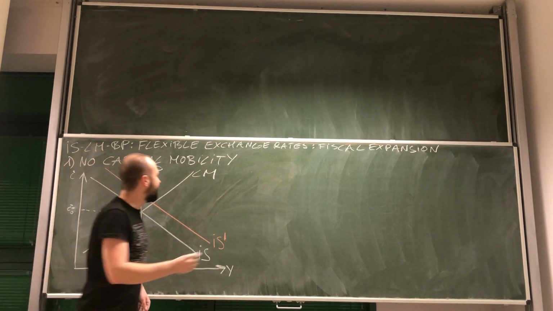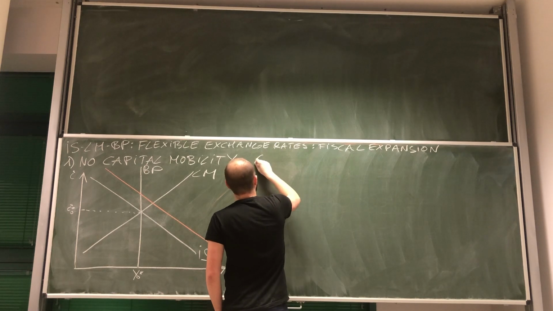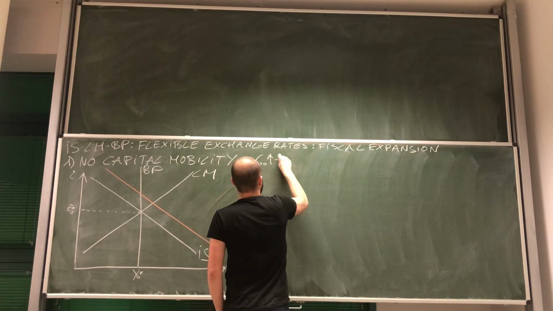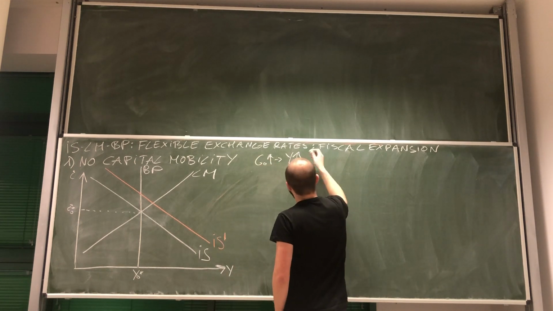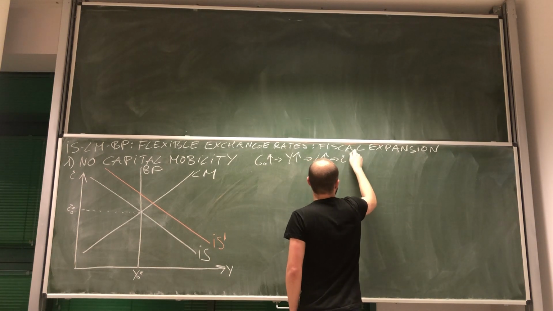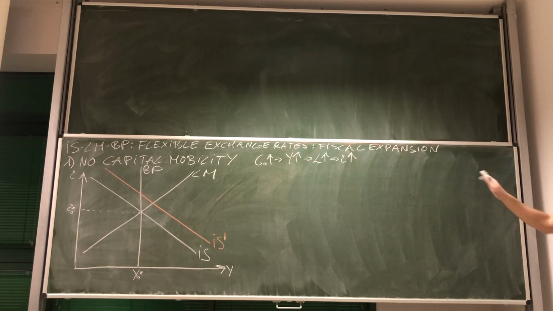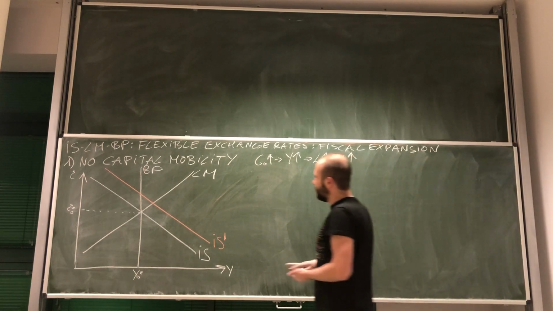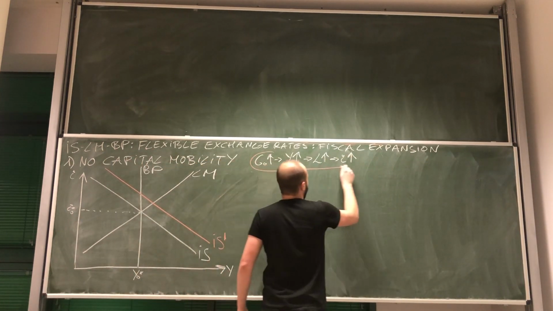Okay, what happens in the closed economy? Well, we see that increasing government spending increases GDP, which in turn increases money demand, and with higher money demand we have a higher interest rate. Right?